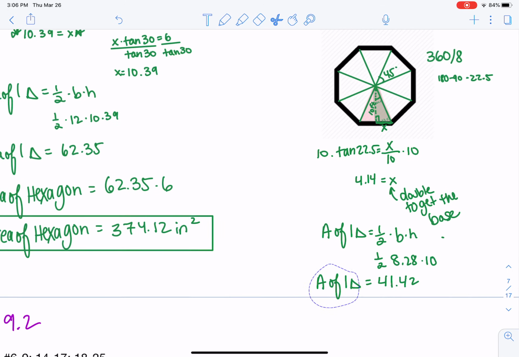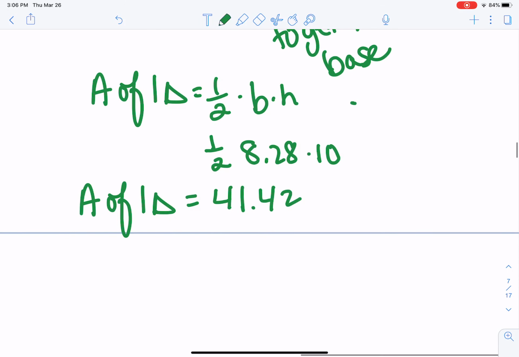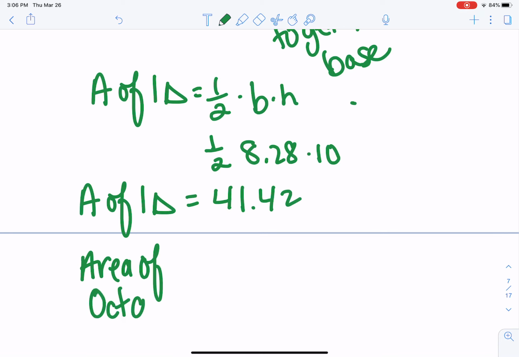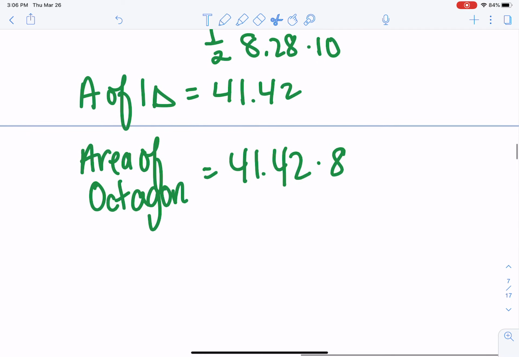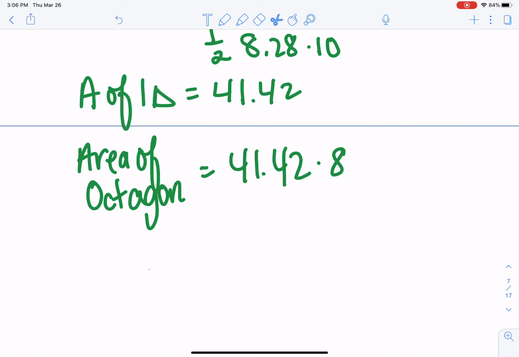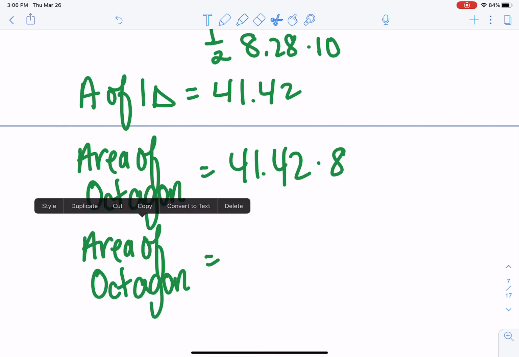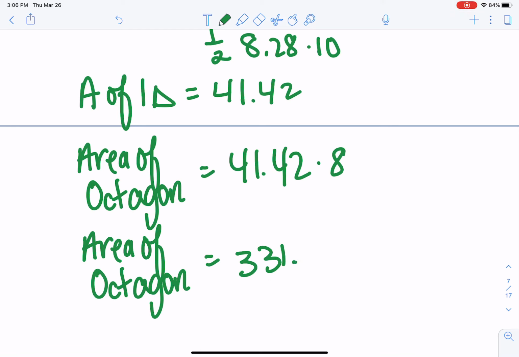Since it was a good old octagon, we're going to multiply by 8. So the area of the octagon is 41.42 times 8, which gives you, let me type that into my calculator, 331.37 feet squared in area.